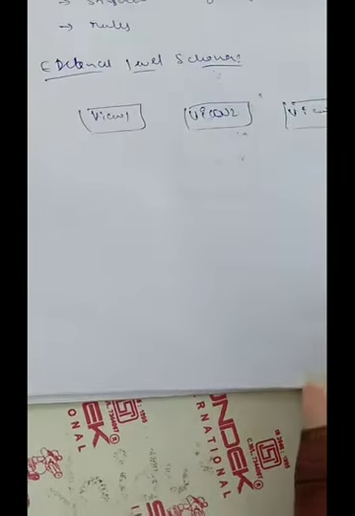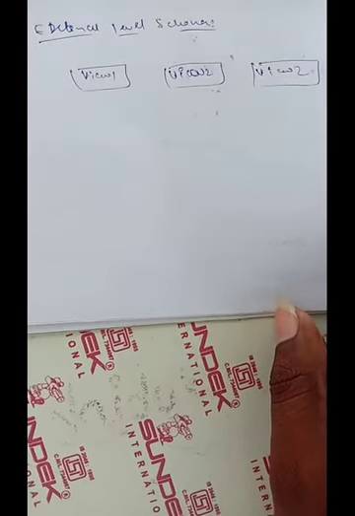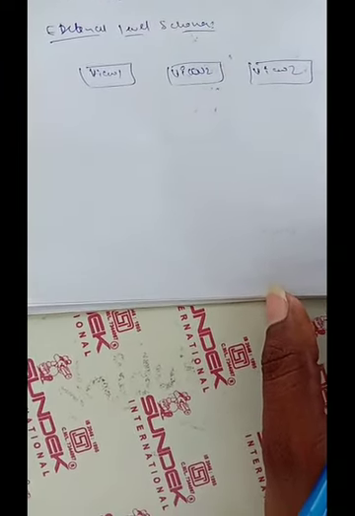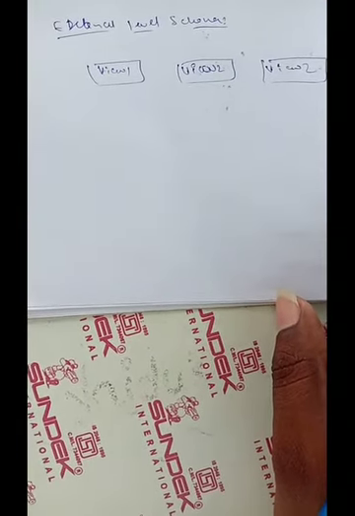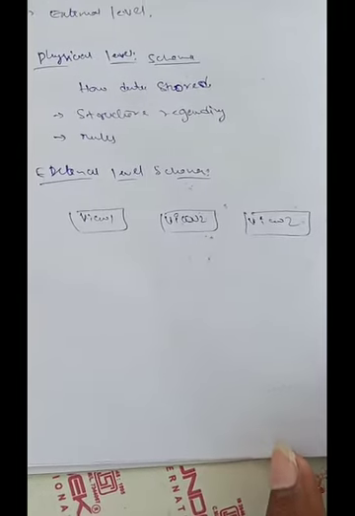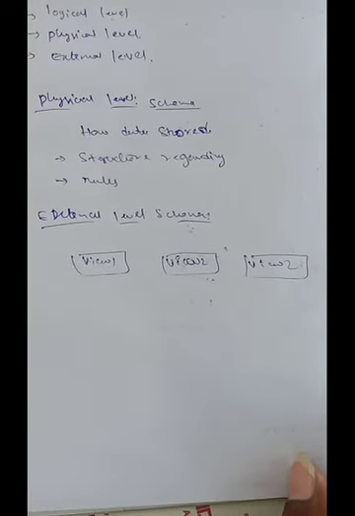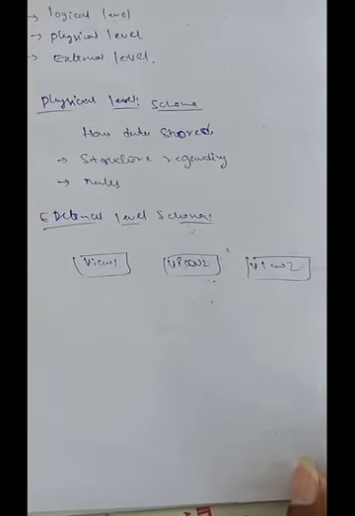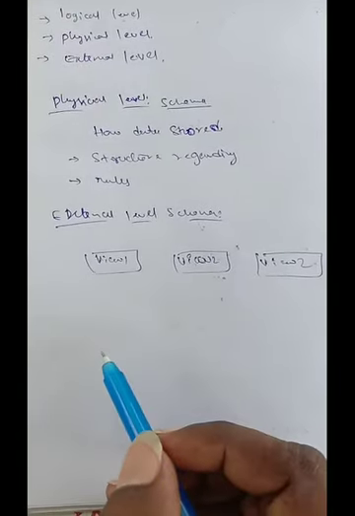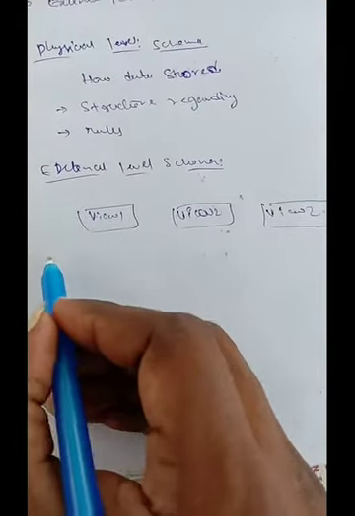The end user may use different applications, and based upon the application there are different views. So the schema changes for the users at the external level, but the basic functionality of the external level schema is to hide.